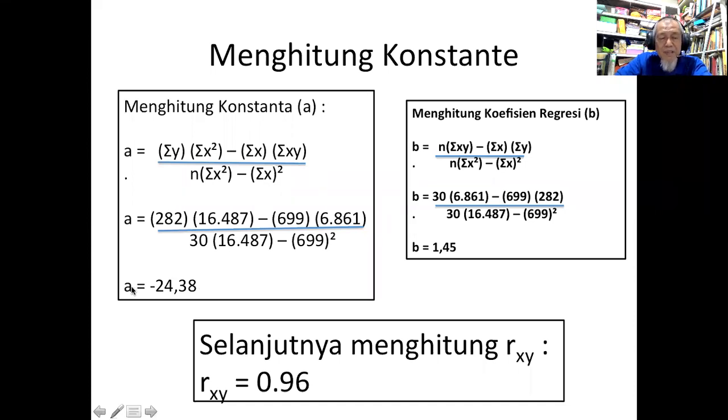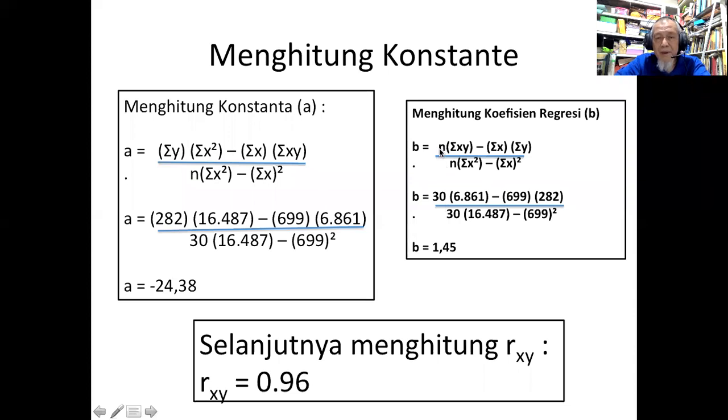The constant is minus 24.38. Okay, so here is the constant, and then we calculate the regression coefficient using the formula, and every piece of data we need for the formula is already here, so we can put all the numbers into the formula.